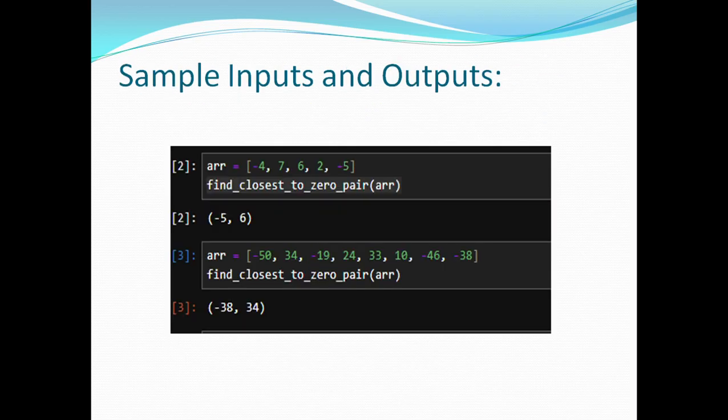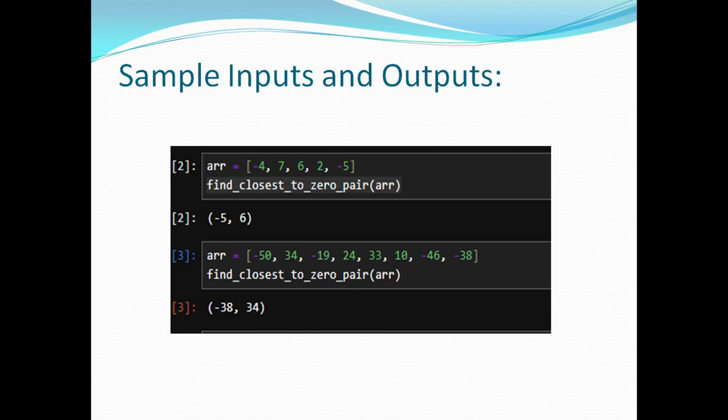Let us look at sample inputs and outputs. If the input is -4, 7, 6, 2 and -5, when we give it to the function find closest to 0 pair, we get the result -5, 6. This result is the closest to 0 in the given array.